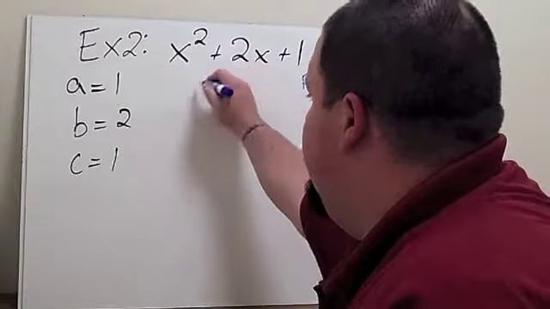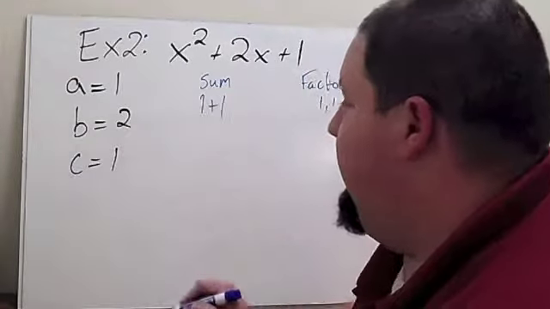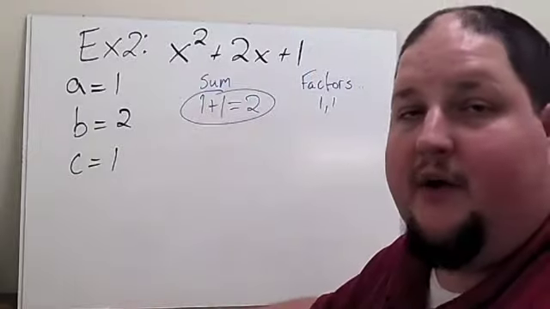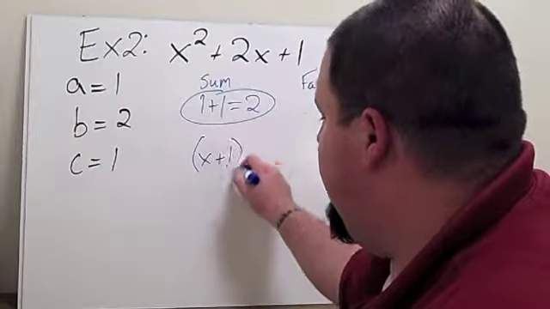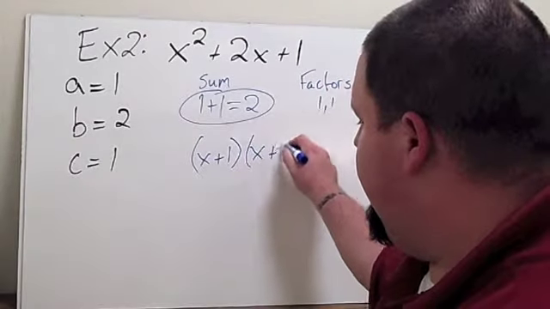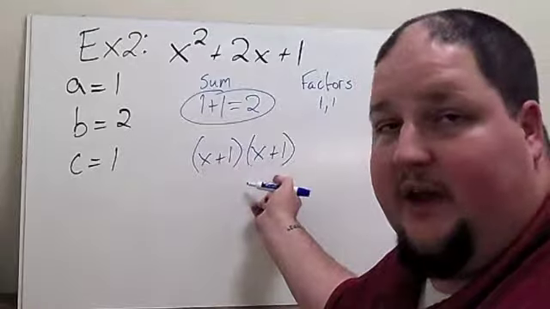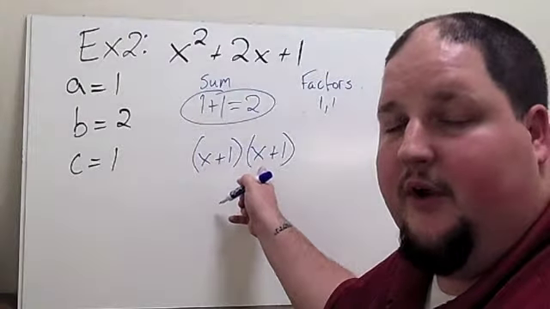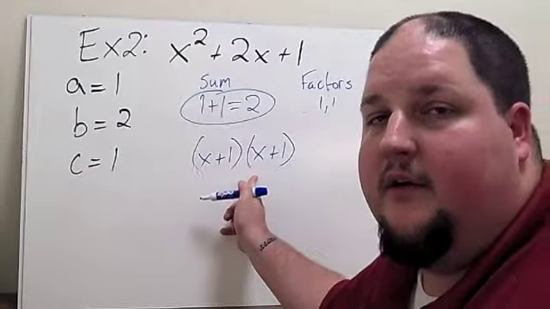So then the summation, 1 plus 1 is 2. That's my only pair, right? Obviously. So I'll have x plus 1 times x plus 1. However, I don't want to leave it written like that. When you multiply something by itself, what's another way to write that?